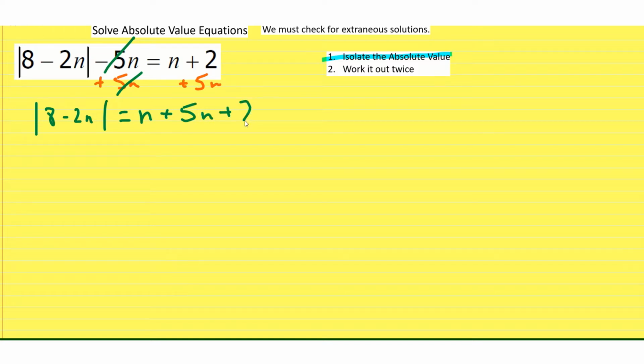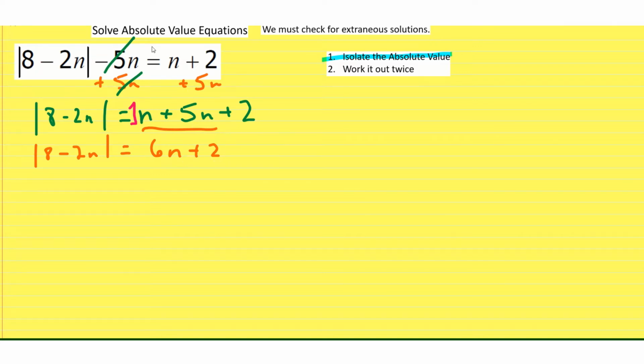And of course, using our order of operations algebra rules, we're going to combine these two like terms. So I'll end up with absolute value of 8 minus 2n is equal to 6n plus 2. And that's because I'm sure you remember there's an invisible 1 in front of there. So 1n plus 5n equals 6n plus 2.